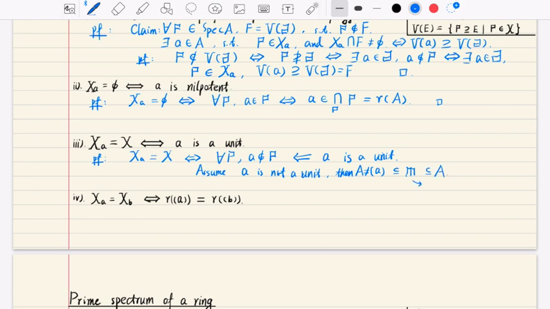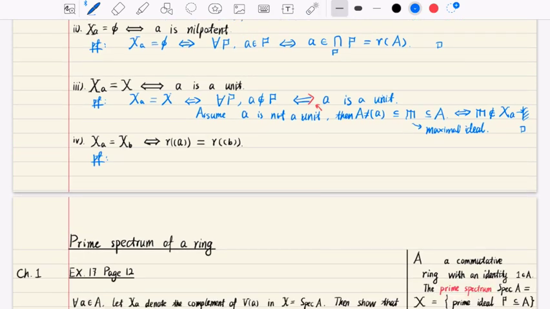And the maximal ideal is, of course, a prime ideal. Then this observation will tell you M does not belong to X_A, which is a contradiction. And by this, we get this direction. So it is also not hard, in fact, very simple.